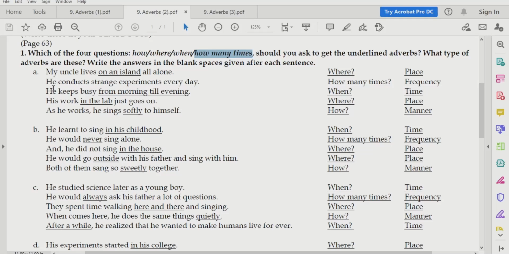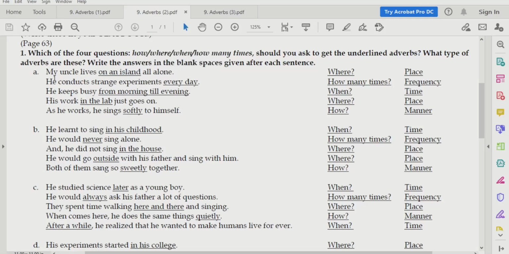Okay, we'll move on to the first one. My uncle lives on an island all alone. Dear students, please note this is pronounced as island. It is not Island or Iceland. My uncle lives on an island all alone. Over here, on an island is underlined. Over here, you have to find out which question should I ask so that I get this answer.